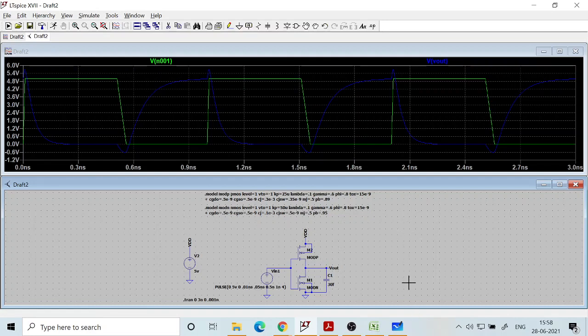On the x-axis you take the load capacitance, and on the y-axis you plot the rise and fall time, two curves.